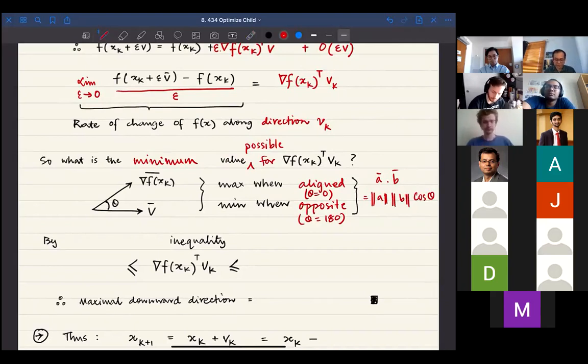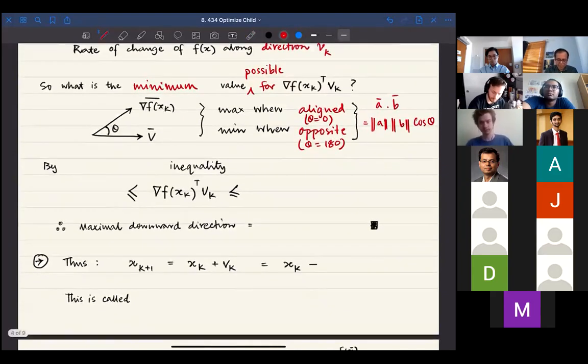So now tell me, this grad f(xk) transpose vk, what is it upper bounded by? What is the maximum value of this if I use the same equation here?